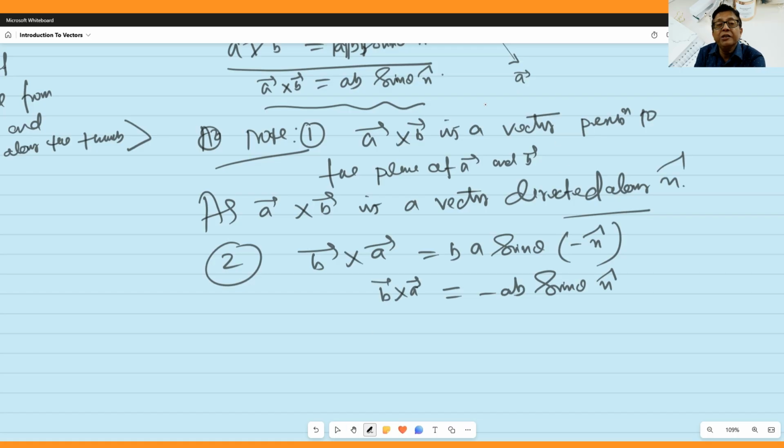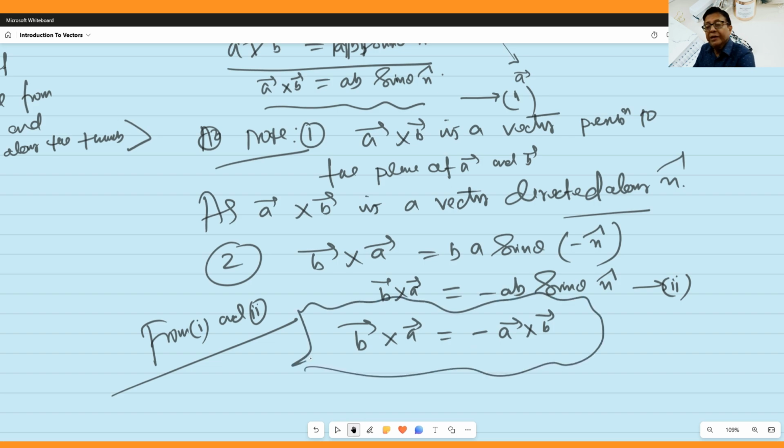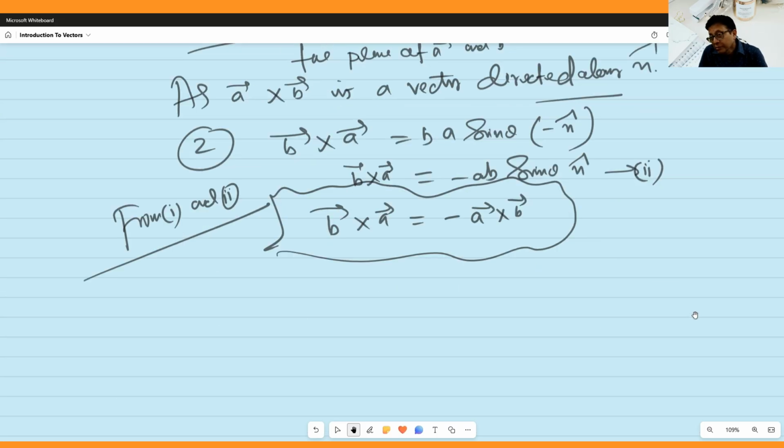So just observe these two, number one and number two. From 1 and 2, what do you say? That B cross A is equal to minus A cross B. If you change the order, then a sign opposite to the previous one comes. Got it? Hope you have understood. B cross A is minus of A cross B.